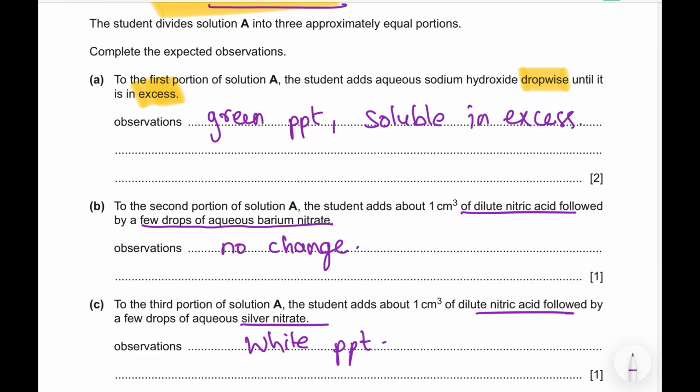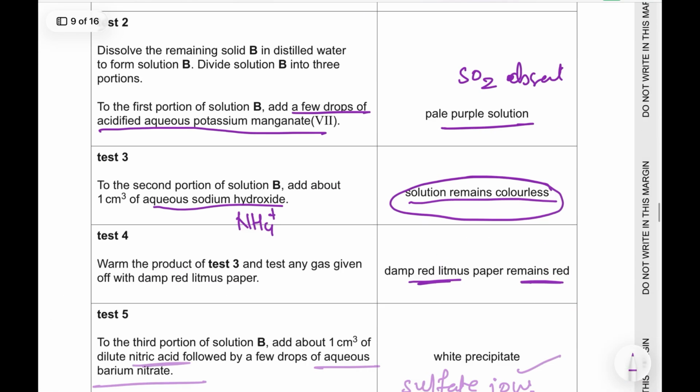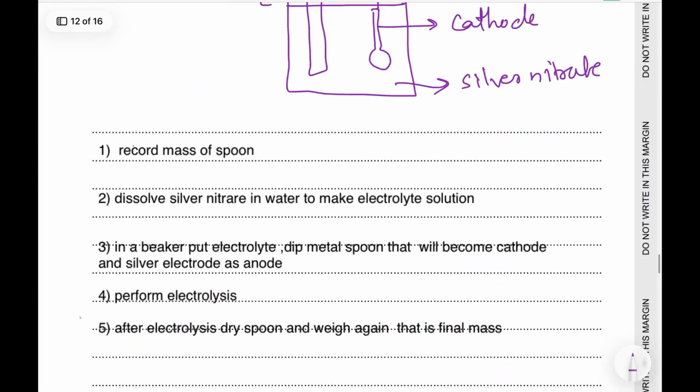We are supposed to write the observations. To the first portion of solution A, the student adds aqueous sodium hydroxide dropwise until it is in excess. So basically we have to write 2 observations, one which is observed when we add it dropwise, and the second when we add it in excess. So we are supposed to find the chart.